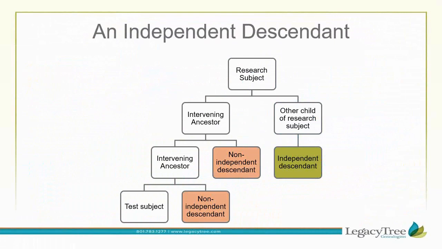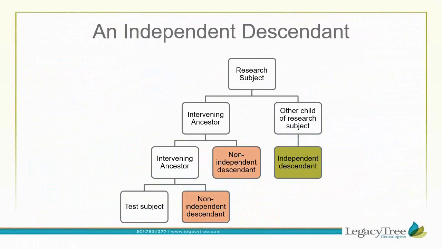And so what we're really looking for here are individuals who have the power to help us filter out and identify which genetic cousins are most likely related through the ancestry of either our research subject or our research subject's spouse.